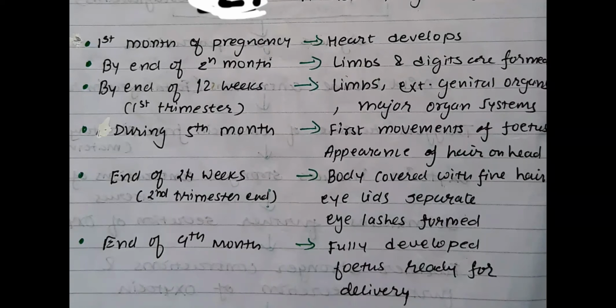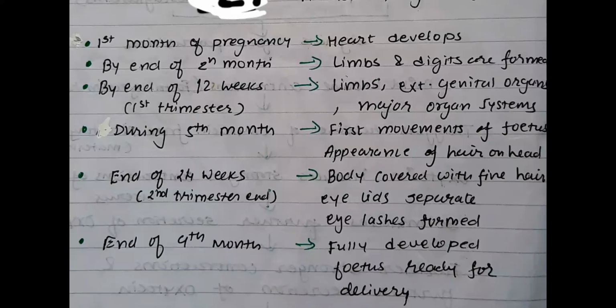So pregnancy is equal to 3 trimesters, or 9 months, or 36 weeks, whichever way you consider. First trimester is 3 months, 12 weeks. Second trimester is 4, 5, 6 months, and the next 12 weeks, so up to the 24th week. And third trimester is month numbers 7, 8, 9, which means weeks from the 25th to 36th week. So whichever way you want to see, that's how one has to understand.